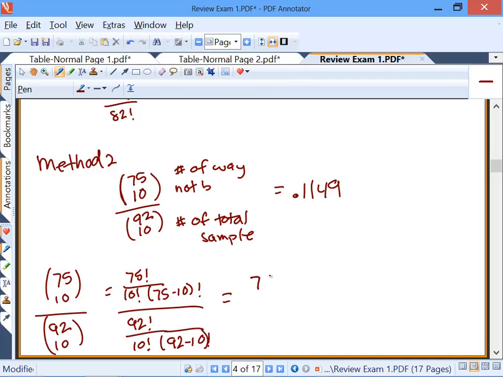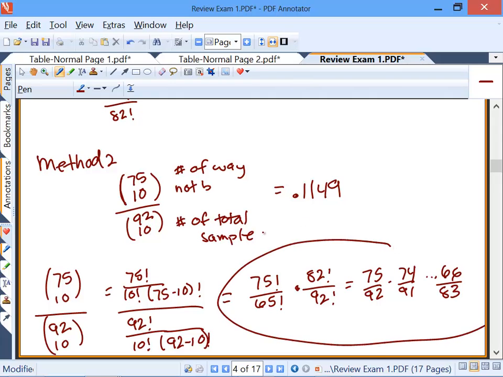They cancel, and we get 75 factorial over 65 factorial, times 82 factorial over 92 factorial. When you start simplifying this, you get 75 out of 92 times 74 out of 91, down to 66 over 83. Notice, this is the same thing we tried to do intuitively, but it made it small enough that I could put it in my calculator.